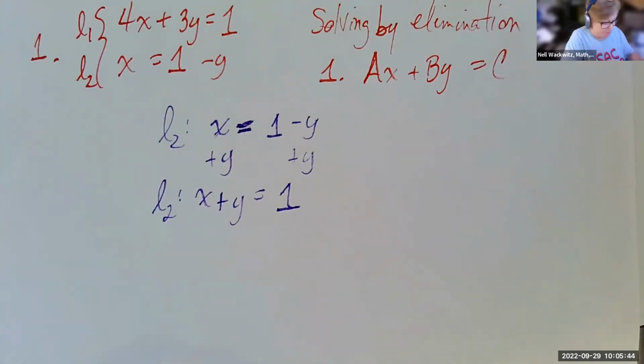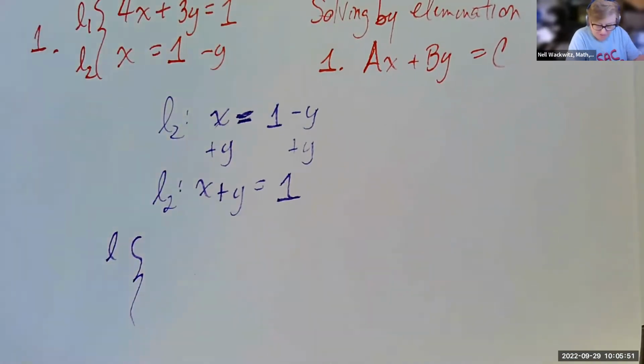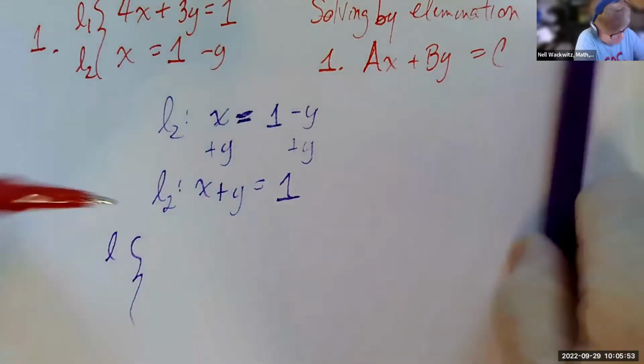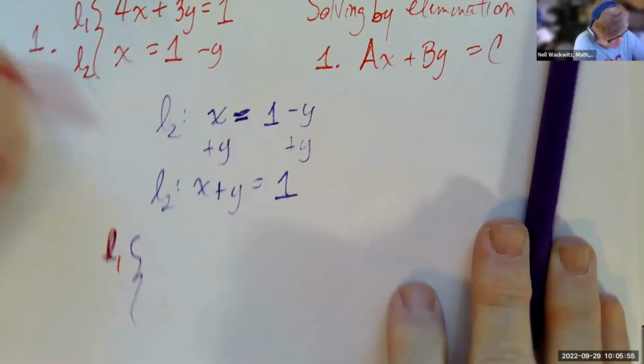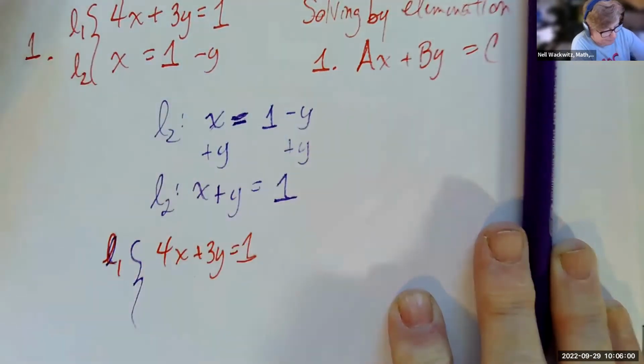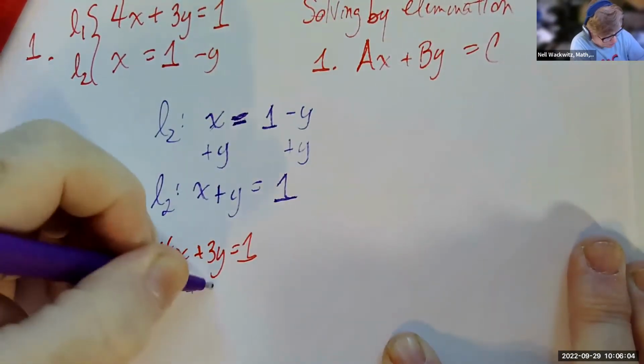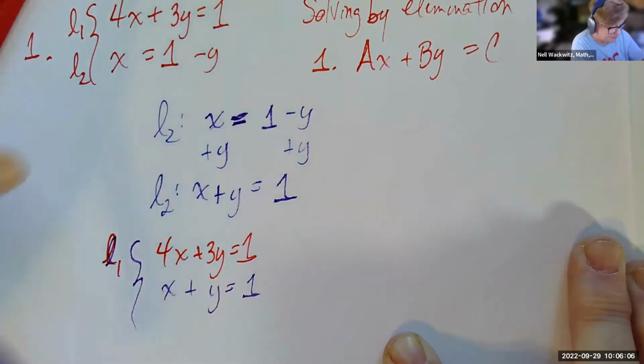And let's go ahead and rewrite the system. So line 1, let's use this color. Line 1 is 4x plus 3y equals 1. Line 2, x plus y equals 1.